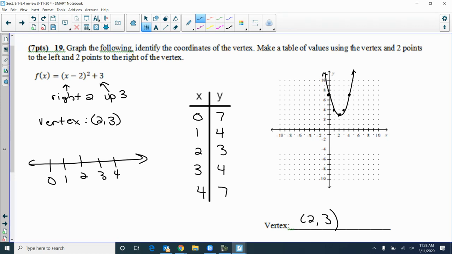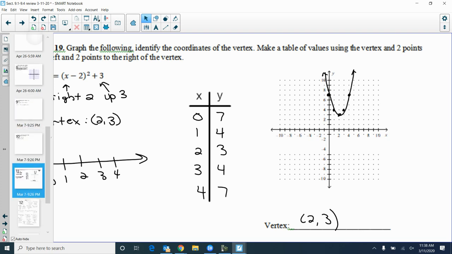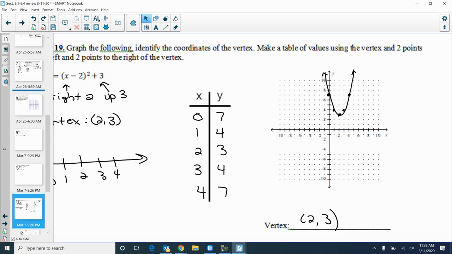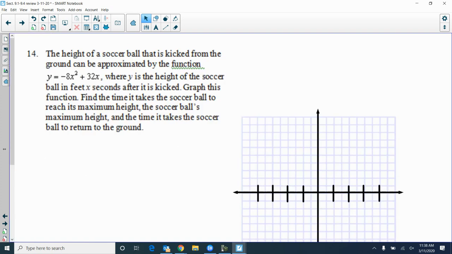So now let's go back to the last one we did. We finished 12, we finished 13. The next one is going to be 14. You don't have to graph 14.